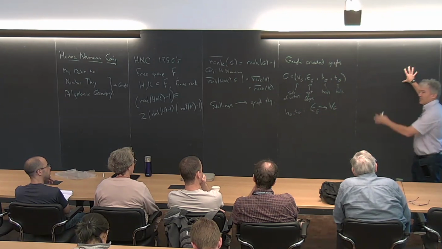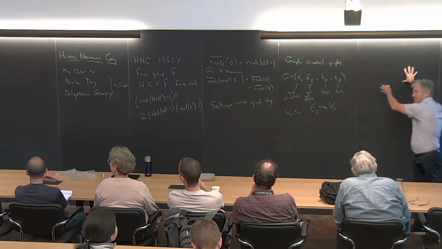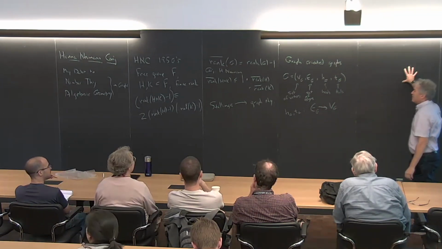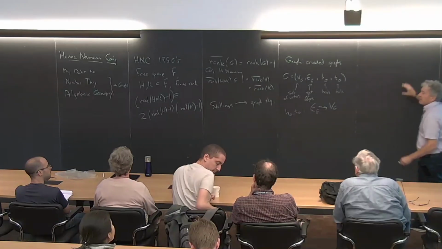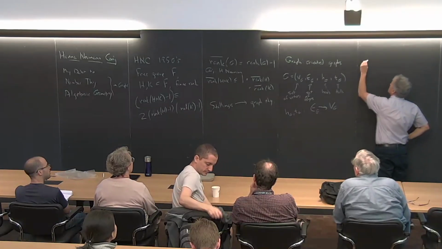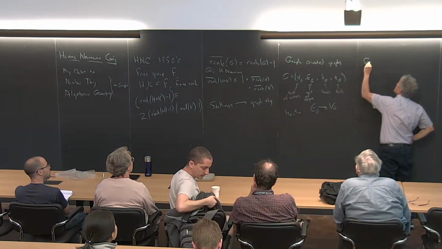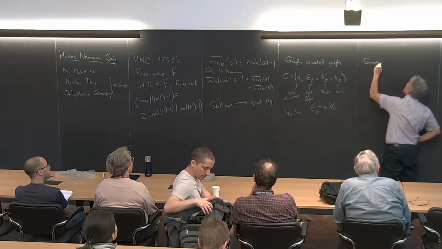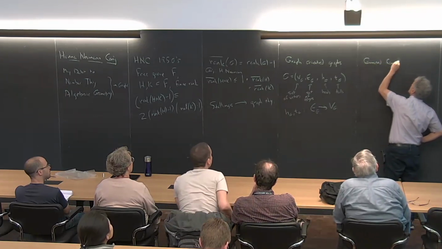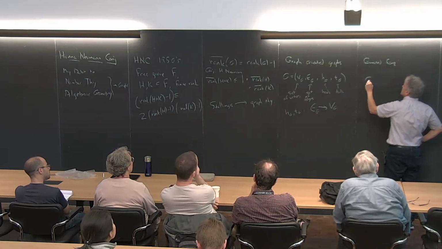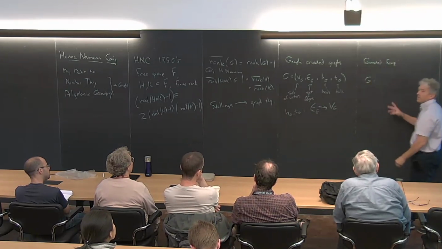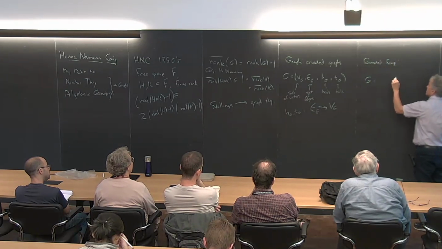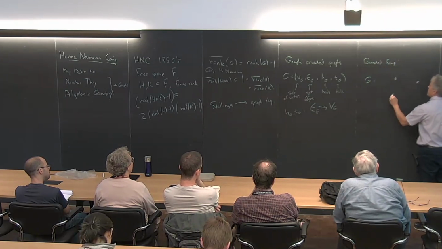Okay, is this part of the blackboard good with you guys? So for example, when we talk about connected components of a graph, we picture them the usual way. So vertices are dots. Maybe this is V1, V2, V3.